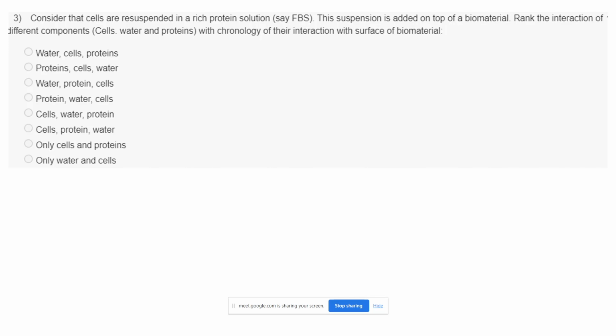I'll give you some time to read the options and let me know what you think the answer is. What is the order in which these components will come and interact with the surface of biomaterial?